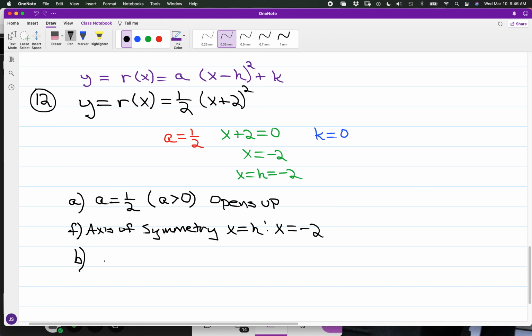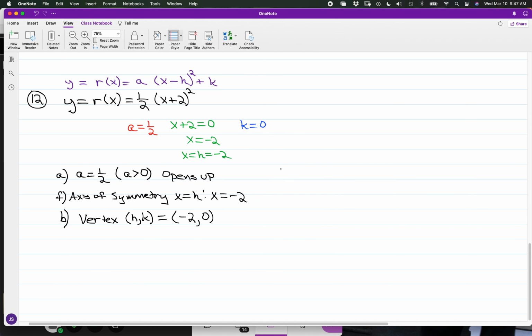And for the vertex (h, k), I have h at -2, k at 0, and it's going to turn out that the vertex and the x-intercept are going to end up as one and the same.